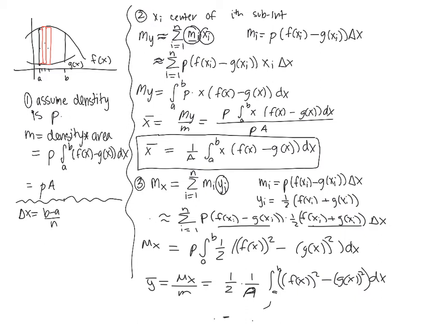These problems get a little long because you have quite a few things that you have to integrate, but in general, I would say start by finding the area, because that's needed for both formulas, and then using that find x bar, y bar. So let's do a few examples.